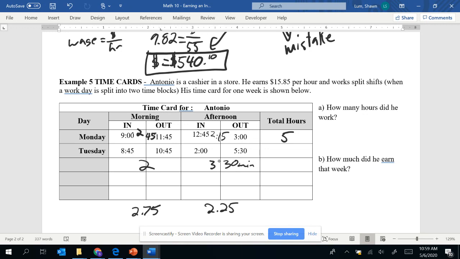Or in other words, that's 3.5 hours. So for here, it's going to be 2 plus 3, so that's going to be 5, and 30 minutes is a half hour, so we write 0.5. So 5.5 hours. Okay. So our total, how many hours did he work in total? It's going to be 10.5 hours.